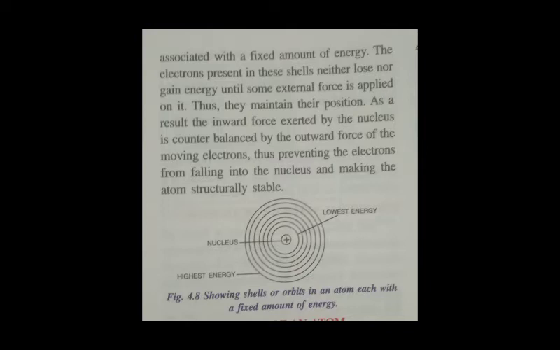So, what was the new arrangement now? Protons and neutrons are present in the nucleus, and electrons revolve in different orbits having different energies. So this model does not collapse and it remains stable. This removes the flaw in Rutherford's model.